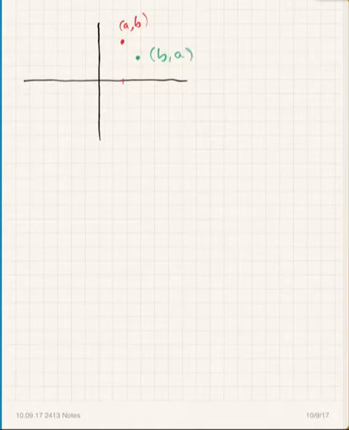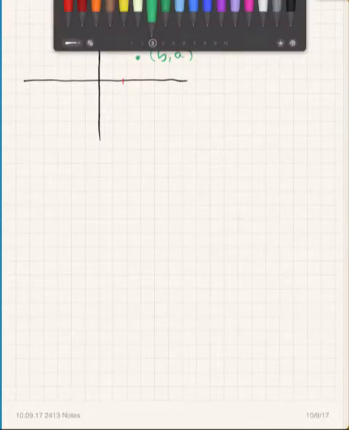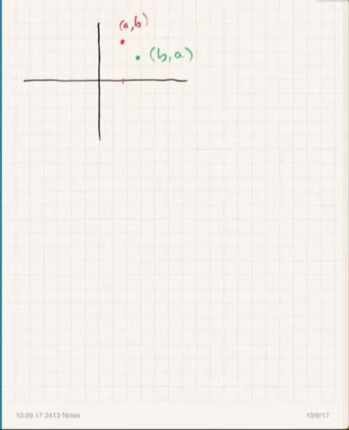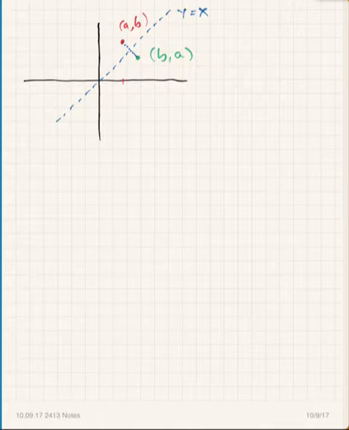Trying to estimate it a little bit. But those two points are mirror images of each other around the line y equals x right here. And if you connect those 2 points, the line y equals x bisects it, and it's perpendicular like that.